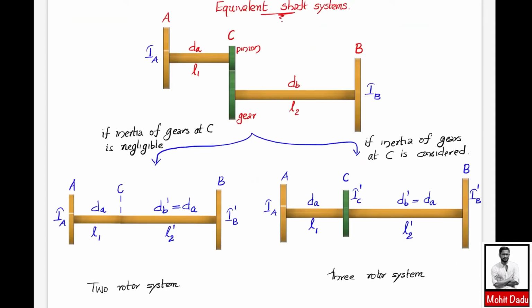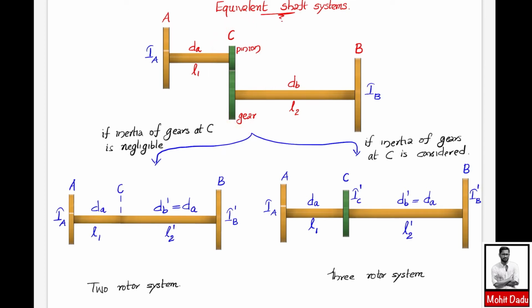You can convert this geared system into a 2 rotor or 3 rotor equivalent system, and that conversion depends upon the inertia property, the mass moment of inertia, of this gear system, that is this pinion and gear arrangement.